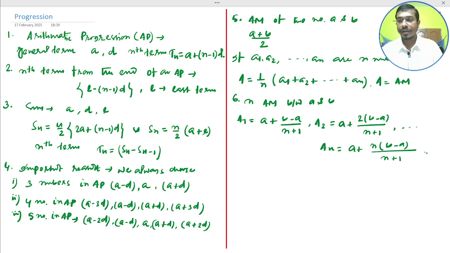Okay. These are the n arithmetic means between A and B.